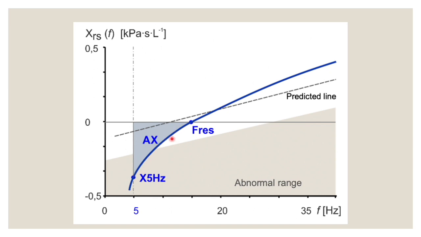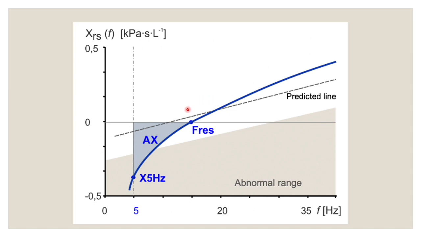That means if this normal line shifts towards the right, it reflects abnormal. And if this value, resonant frequency, which is normally between 7 to 12, shifts to the right, then we will get an abnormal value. Now let's try and understand what these actually mean.